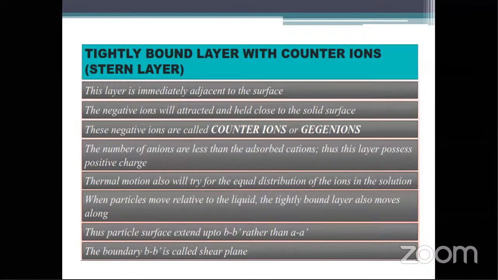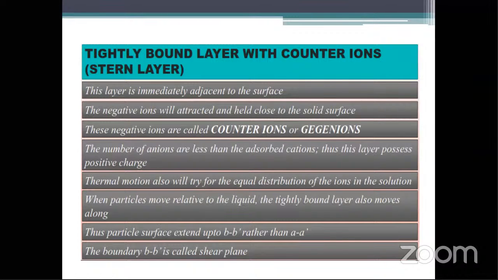And the tightly bound layer with counter ions. This tightly bound layer is also known as the Stern layer. This layer is immediately adjacent to the surface. Here the negative ions are attracted and held close to the solid surface. These negative ions are called counter ions. Just remember, the negative ions are called counter ions and the positive ions are called potential determining ions.